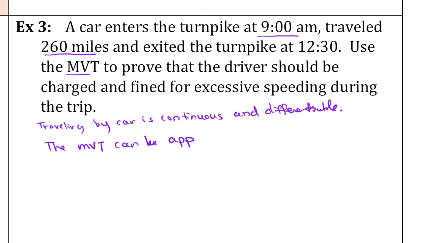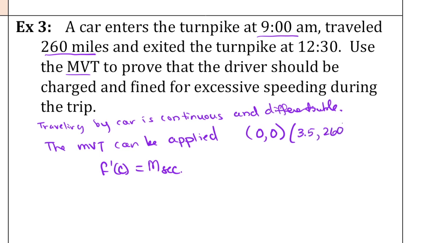And what does that do for us? That tells us that the instantaneous rate of change, f prime at some value c, is going to be equal to the slope of the secant line. Well, we don't have any points right now. So at time equals 0, you entered the turnpike, and at 12:30, you exited the turnpike. So that would have been 3.5 hours.